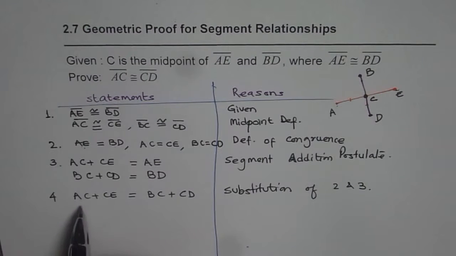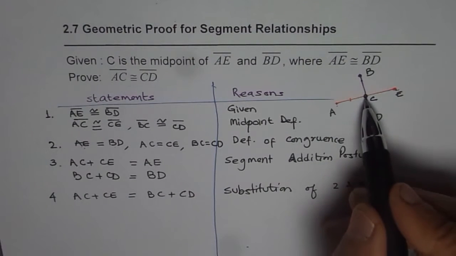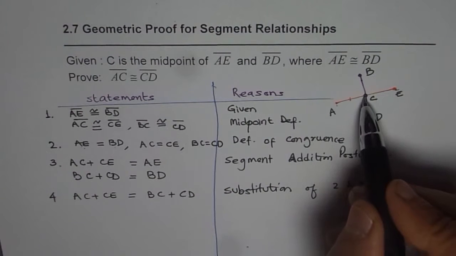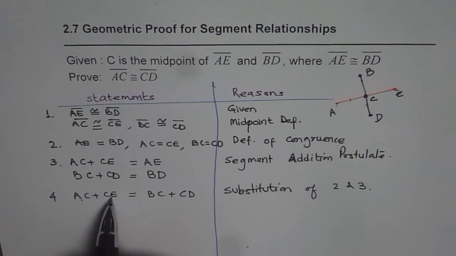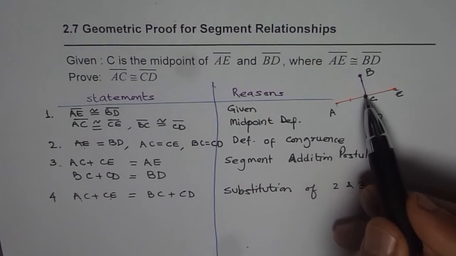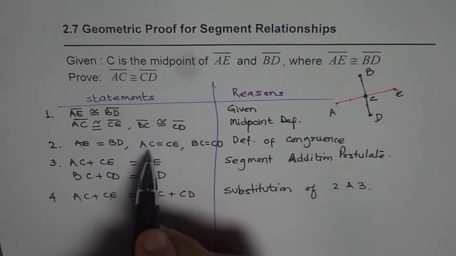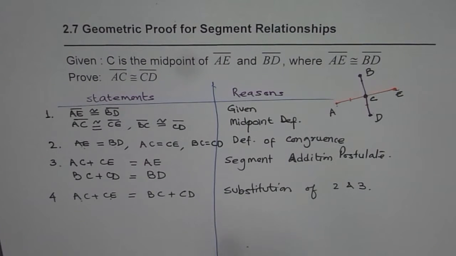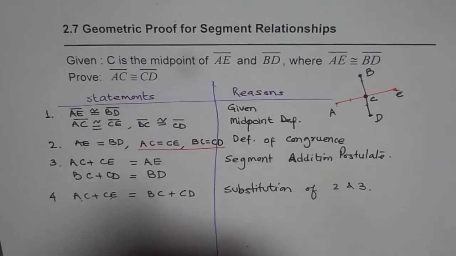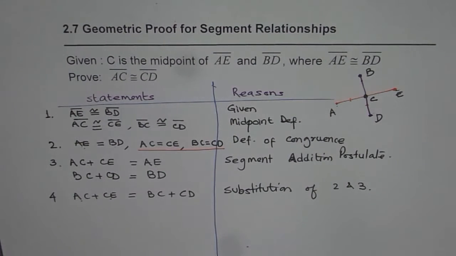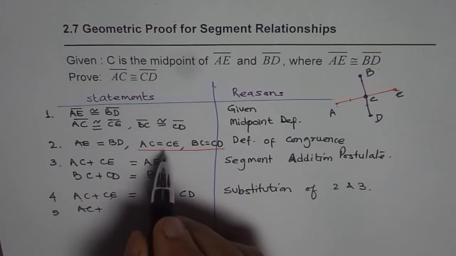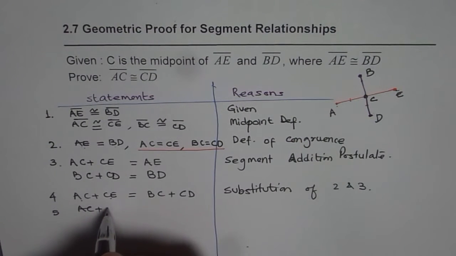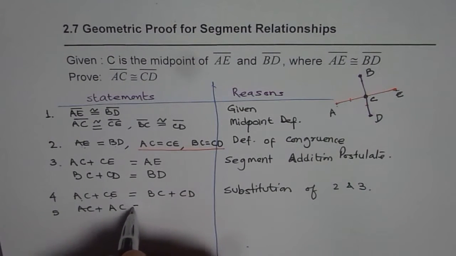Now, we are also given that C is the midpoint. That means AC equals CE, right? So AC equals CE, and also BC equals CD. That is given to us, correct? So we are using the definition of midpoint, and so we can write AC plus CE as AC plus AC.